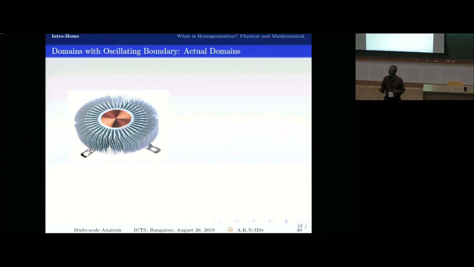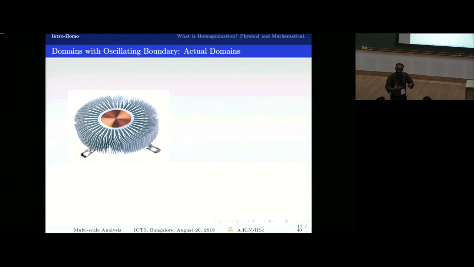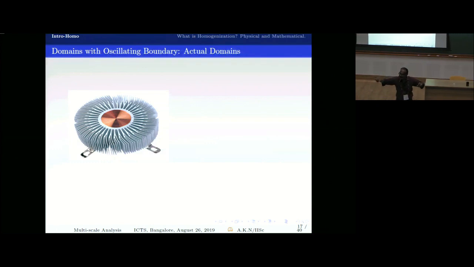When this mechanical system works, it produces heat, and you want to efficiently radiate the heat generated. As you know, physics tells you that the heat radiation is proportional to the surface area, and you cannot put a big piece of material inside a computer.